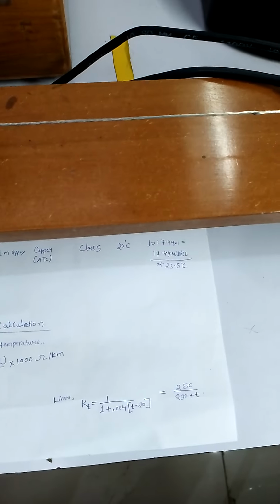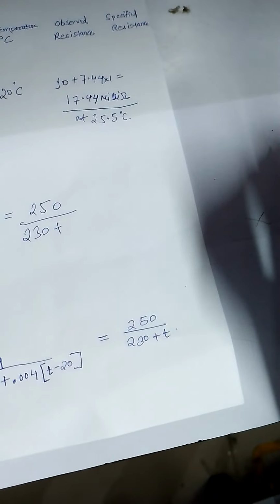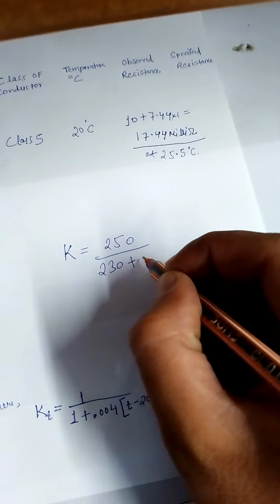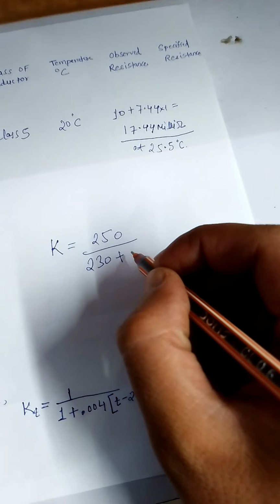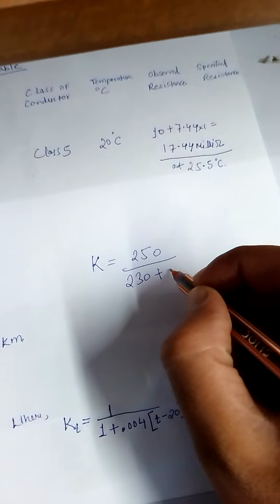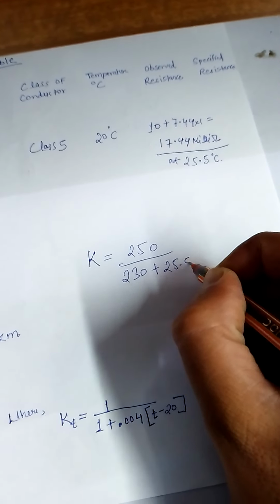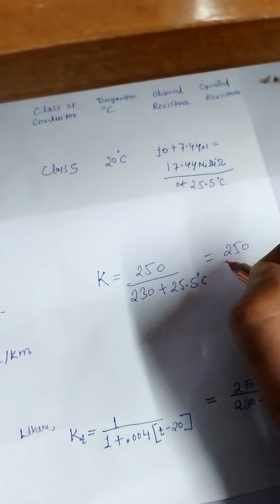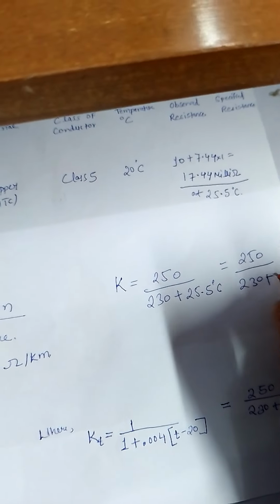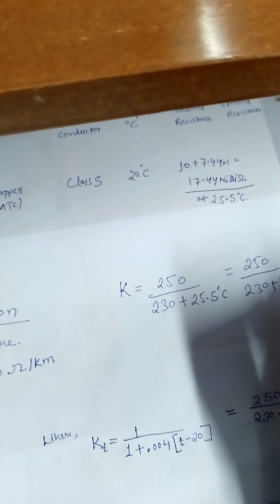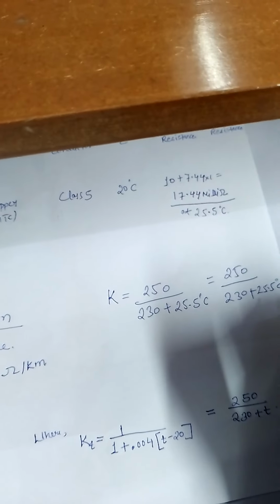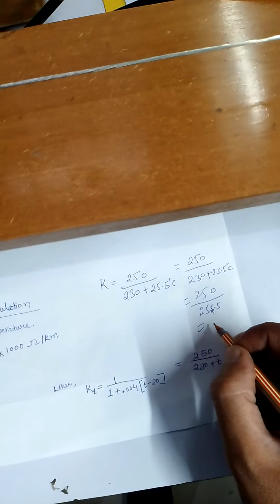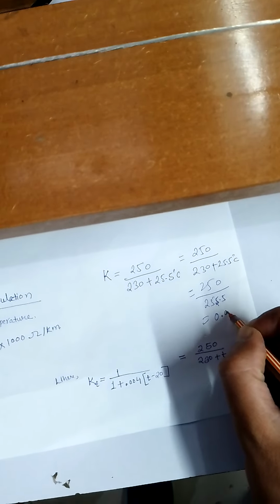Ambient temperature is actually the room temperature, so 25.5 degrees Celsius. Finally we calculate the temperature correction factor as 0.9651.